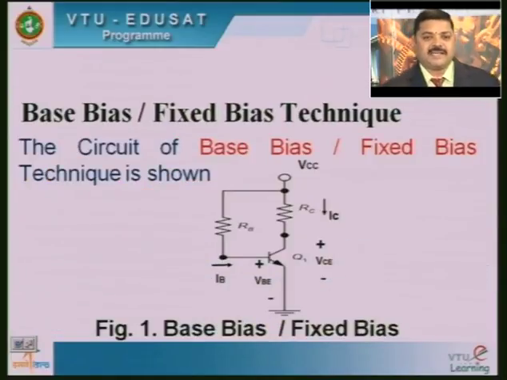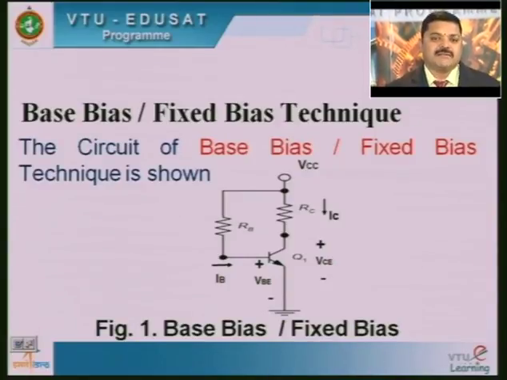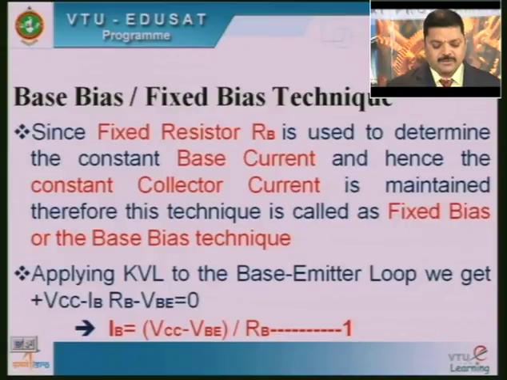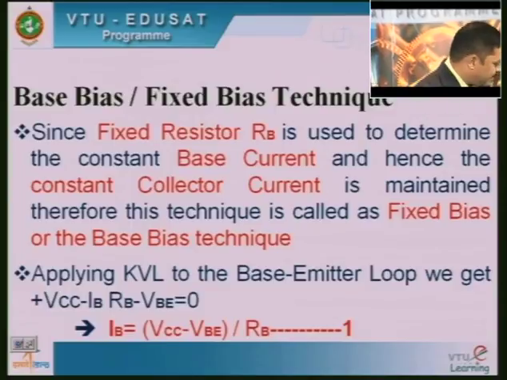Now, let us go back to that circuit. Let us apply Kirchhoff's voltage law to the input loop, that is the base emitter loop, so that we get the expression for the base current IB. Let us see on the board.